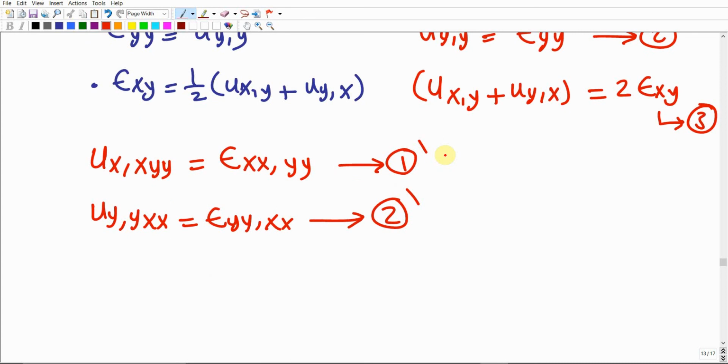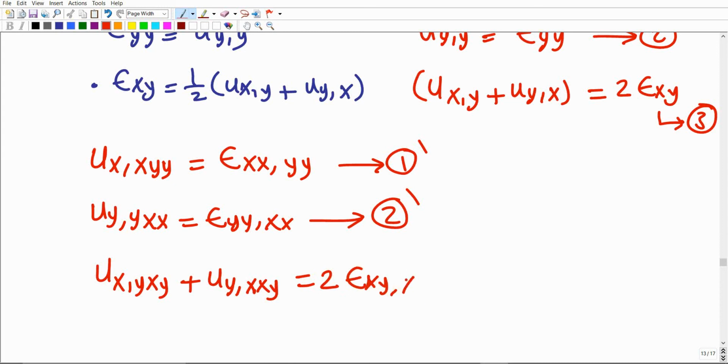So the first term will be ux comma y. Then we differentiate once with respect to x, once with respect to y, or y then x, it doesn't matter the order, plus uy comma x then xy equals 2 epsilon xy comma xy, because we are differentiating with respect to xy. This gives us the third equation.